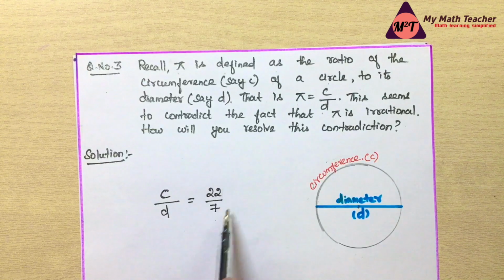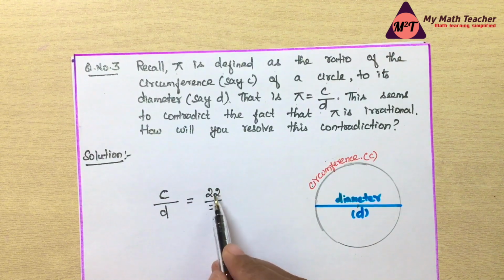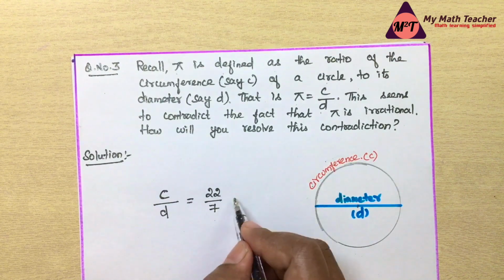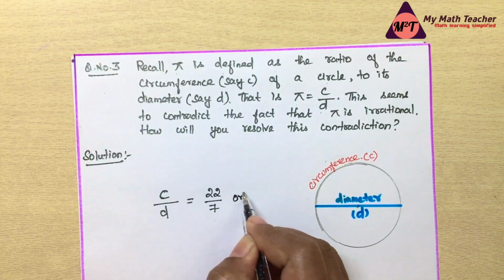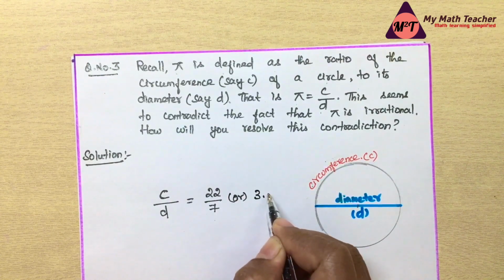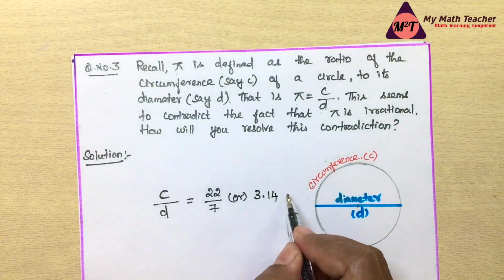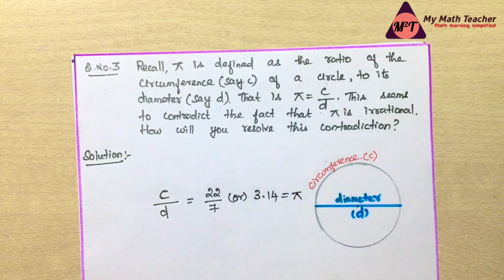When we see this 22 by 7, we may consider this as a rational number. When you divide this, we have the value 3.14. This is called the pi value.